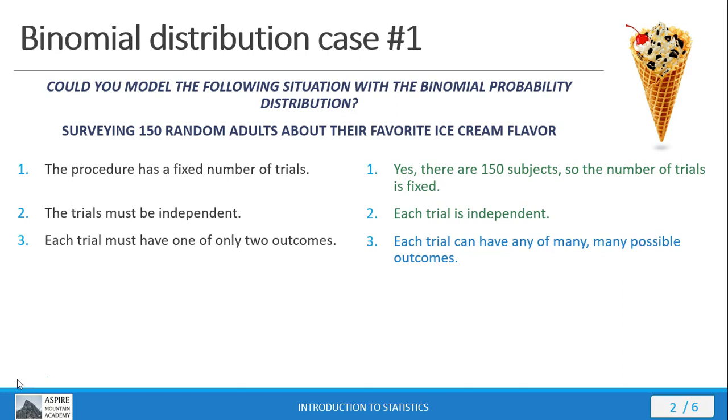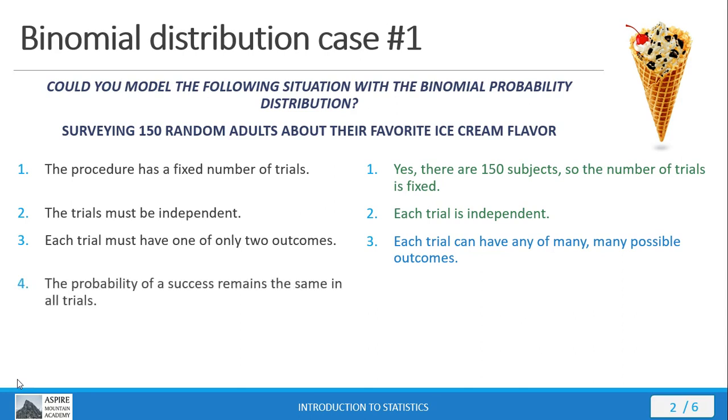There are many, many possible outcomes here because there are many, many different flavors of ice cream. And each flavor of ice cream has its fan club. So we have more than two outcomes that are possible for each of the trials, and so this requirement is not met.